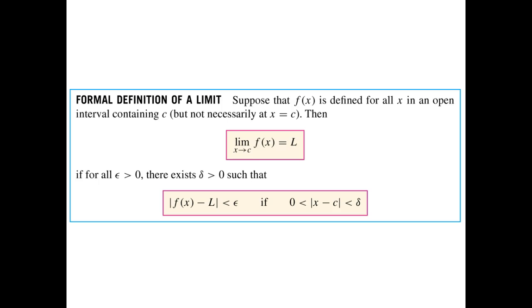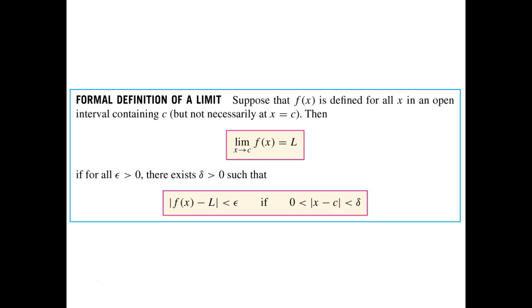It may not be defined at x equals c, but it's defined in some open interval that contains c, just like we did before. That function, sine x over x, is not defined at x equals 0, because you can never divide by 0. Not even in an indeterminate form, you still can't do it, okay?